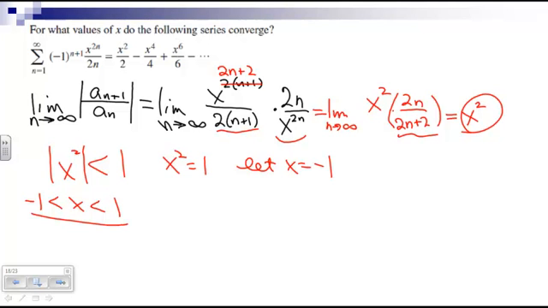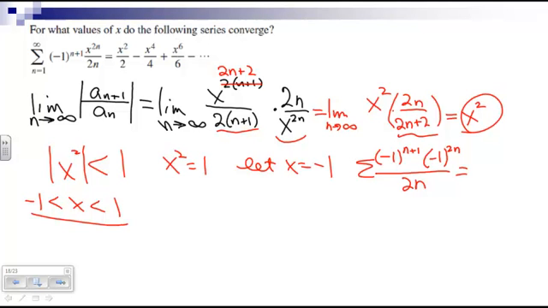When I put -1 up in here, I get a series which looks like -1 to the n plus 1 times -1 to the 2n all over 2n. The last time I checked, if you take a -1 and you take it to an even power, it's just a positive.